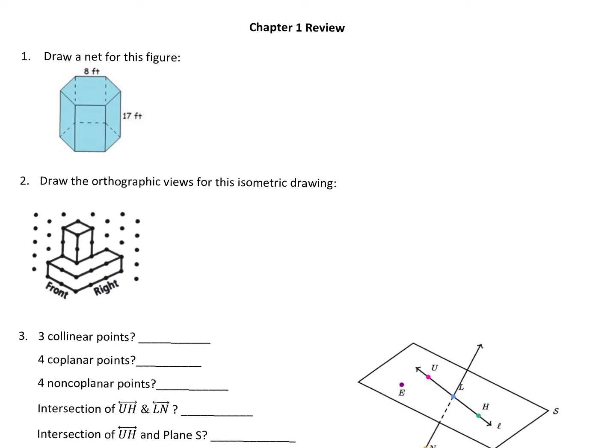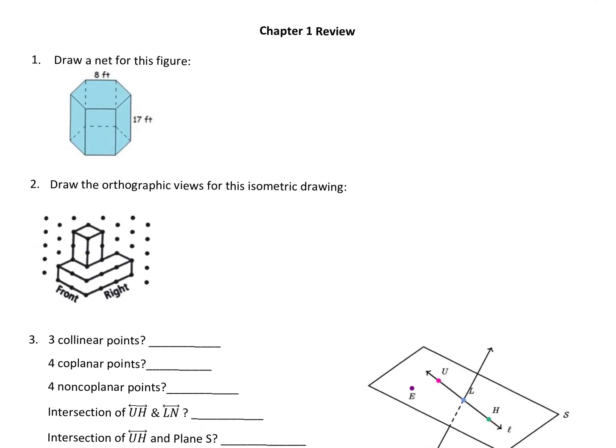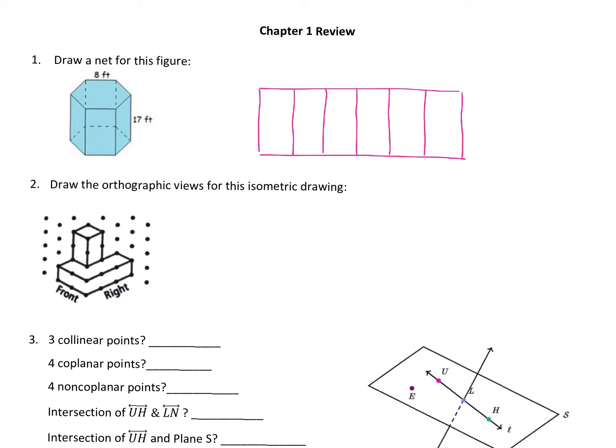If we were to make a net for this, I would just make all the rectangles in one shot. So 1, 2, 3, 4, 5, 6 rectangles, right? This is 17. These would all be 8.